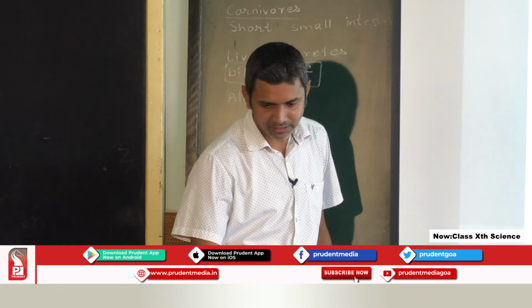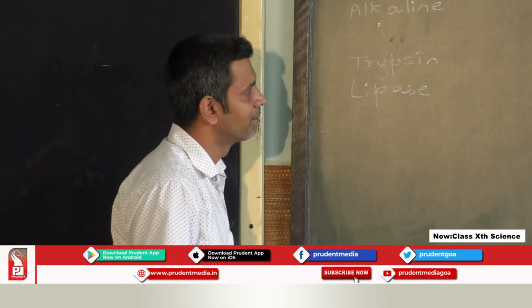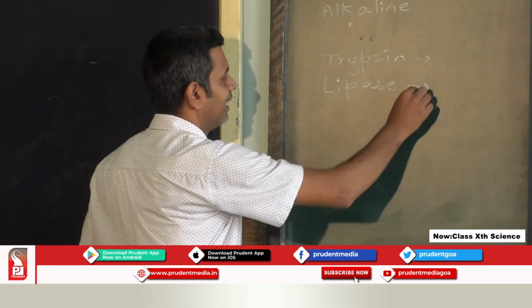Coming back to this diagram, regarding the small intestine, we have already covered the functions of the bile juice. Next, pancreas secretes pancreatic juice, and pancreatic juice consists of two enzymes, trypsin and lipase.